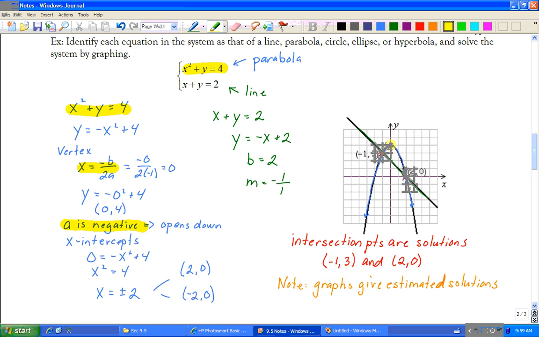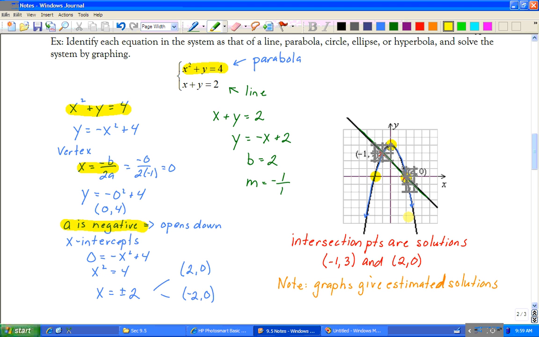So we can plot that point over here on our graph. And then it's easy to find the x-intercepts: set your equation equal to 0 and solve. We end up with two answers, plus or minus 2. And then we plug those back in again to the equation to find the y-coordinates, and they both end up being 0. So we get our intercepts here and here. And we can sketch in our parabola, and that's the blue line that I have.